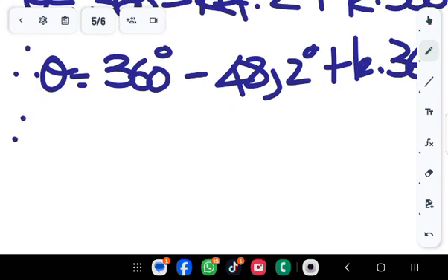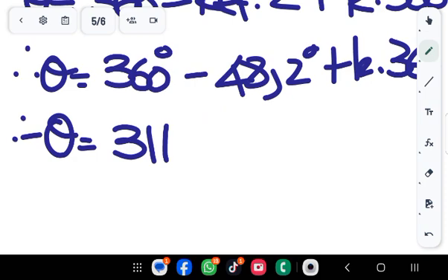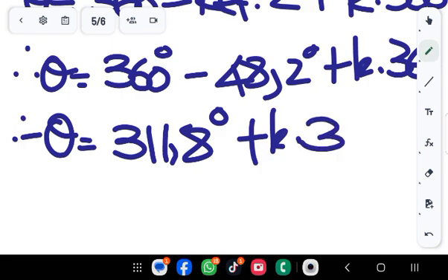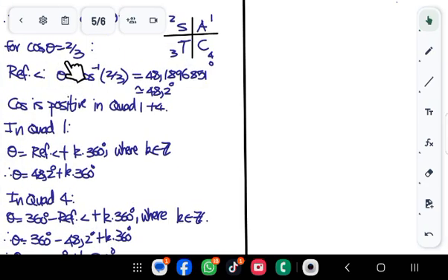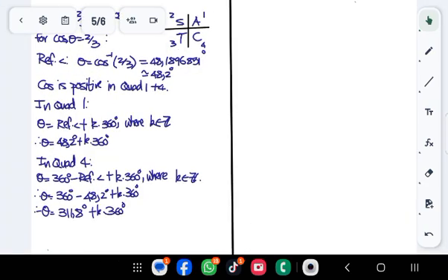Therefore, theta equals 311.8 degrees plus k times 360 degrees, where k is an element of the integers. Now, that's for the first, cos of theta equals 2 over 3.